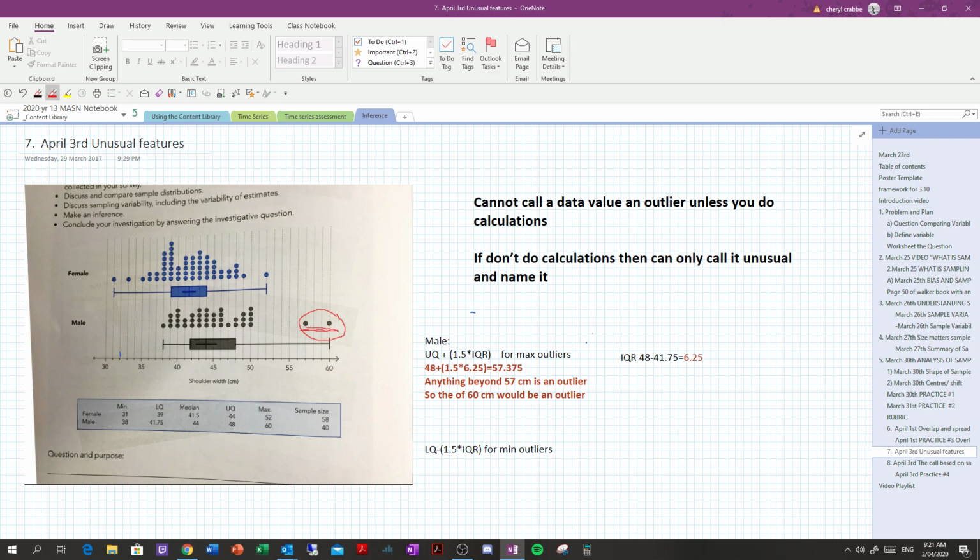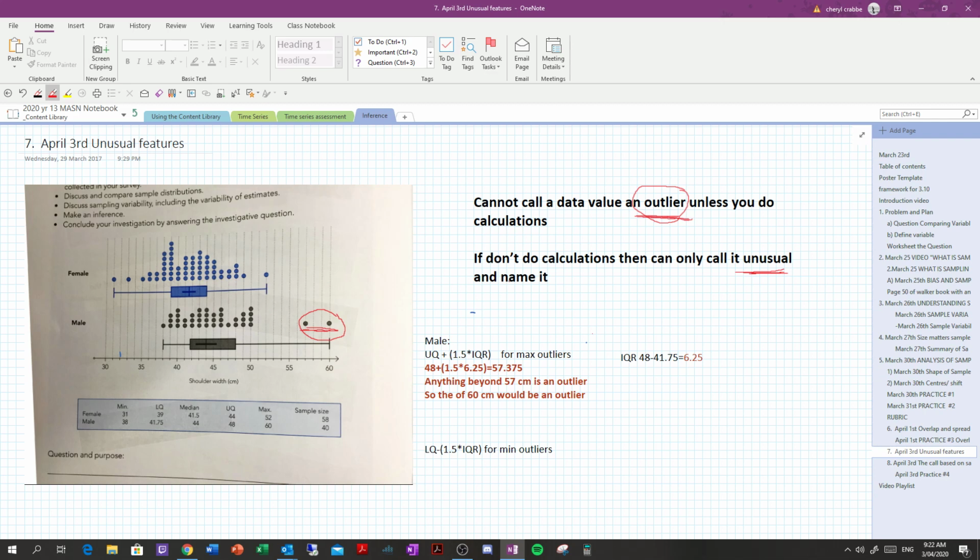So you basically identify anything that may be unusual, and we use the word unusual unless you want to do some sort of calculation. So in statistics, we don't call something an outlier unless we do some calculations. Now, it's not required that you do the calculations, but if you want to determine if something is actually an outlier to the data, then you have to do some calculations.